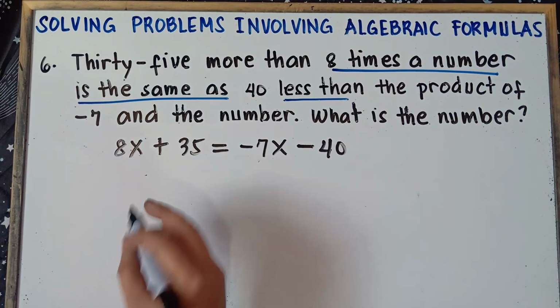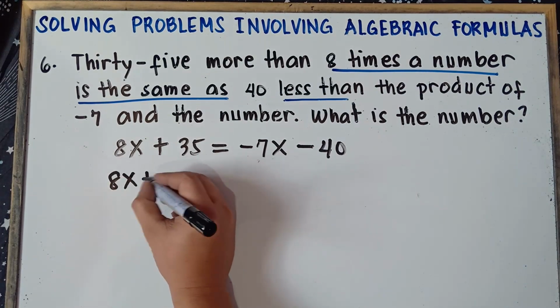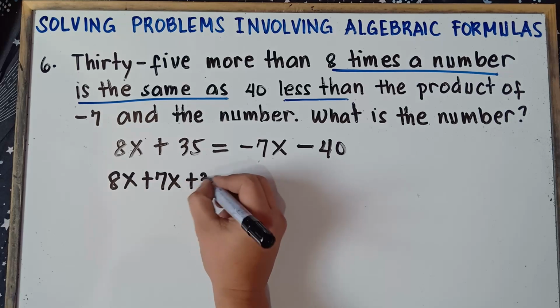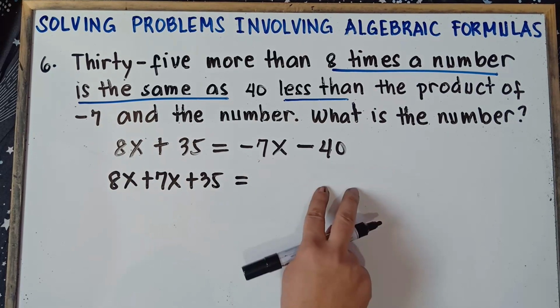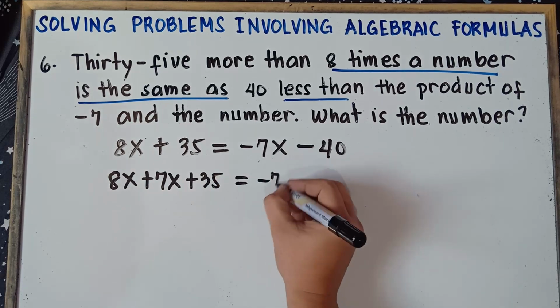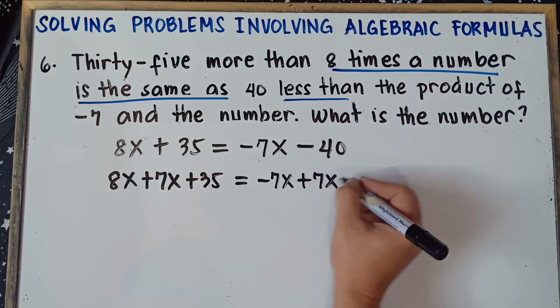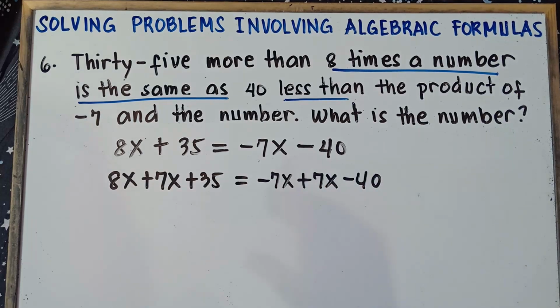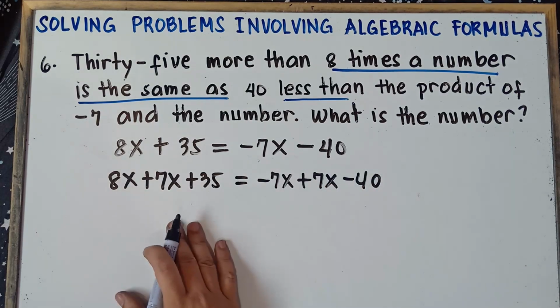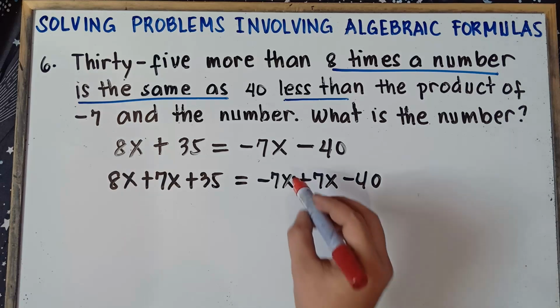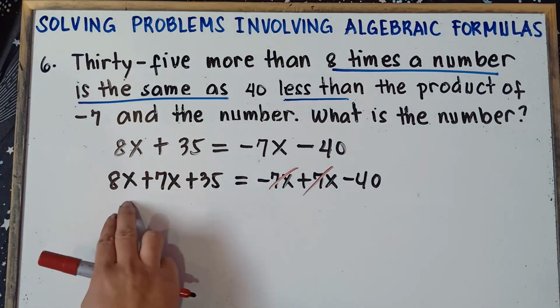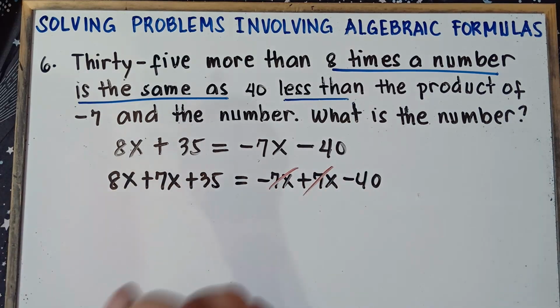So this will be 8x plus 7x plus 35 equals, once again, we're adding 7x left and right of this equal sign, negative 7x plus 7x minus 40. Now, you'll be asking questions, sir, why do we need to add both sides by positive 7x, so that we can just simply cancel this out, and then we combine x, and we only have 1x.